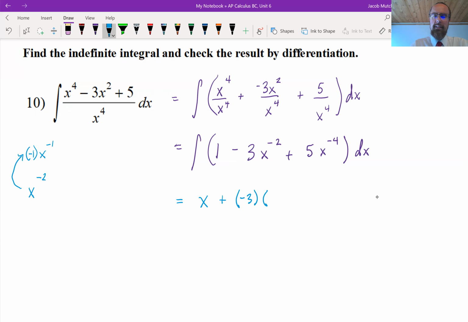So I'm going to put negative 1 x to the power of negative 1. Then we'll do something similar with this last term. I'll write plus 5. And then I'm just going to think about x to the power of negative 4 as a derivative. Searching for its antiderivative is going to be x to the power of negative 3. But then I have to include the reciprocal negative 1/3.